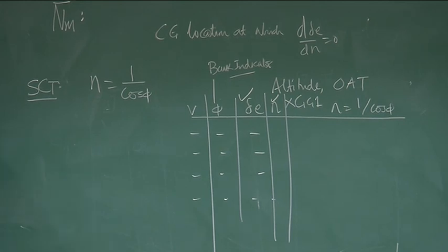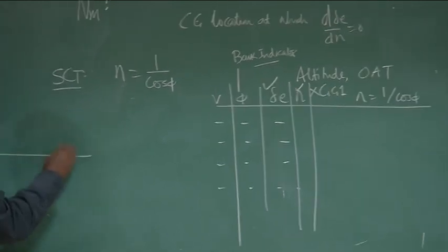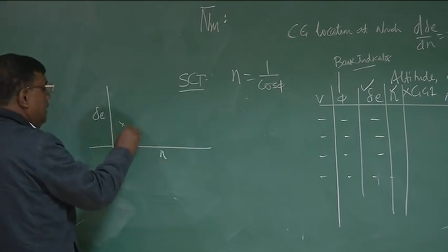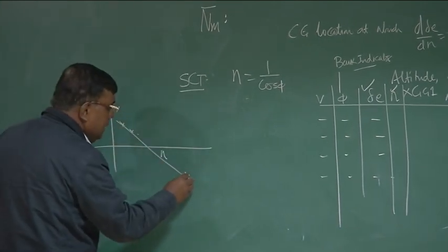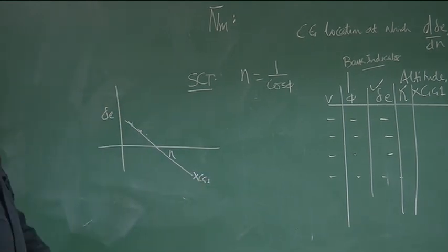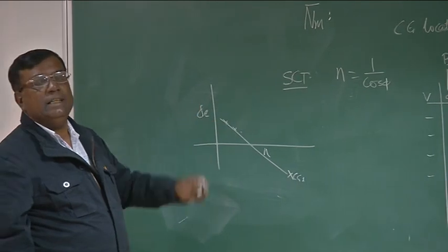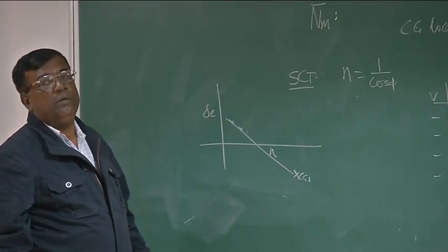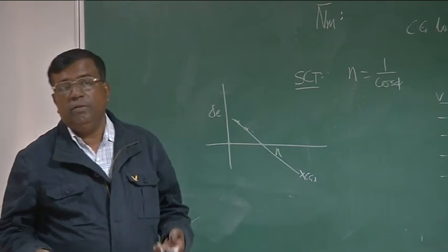So again I will do that. What I will do, I will plot delta E versus n. I will get some value, and this is xCg1. The second batch will go and do exactly the same, but that will correspond to a different CG location, because different people will be sitting, different weights.